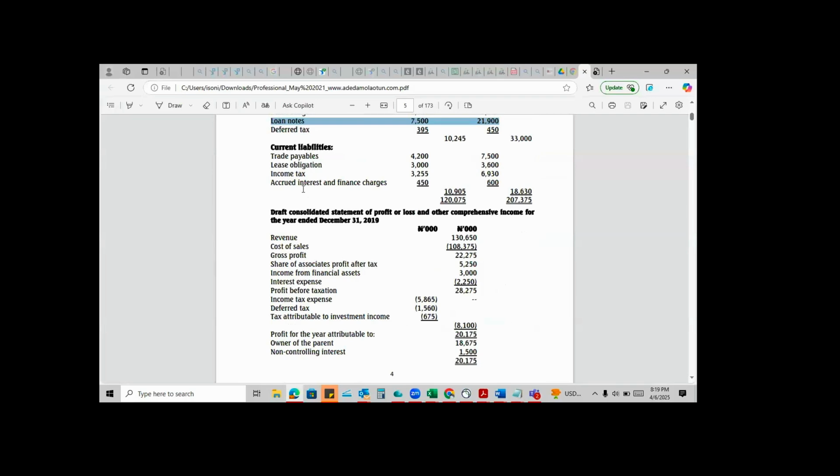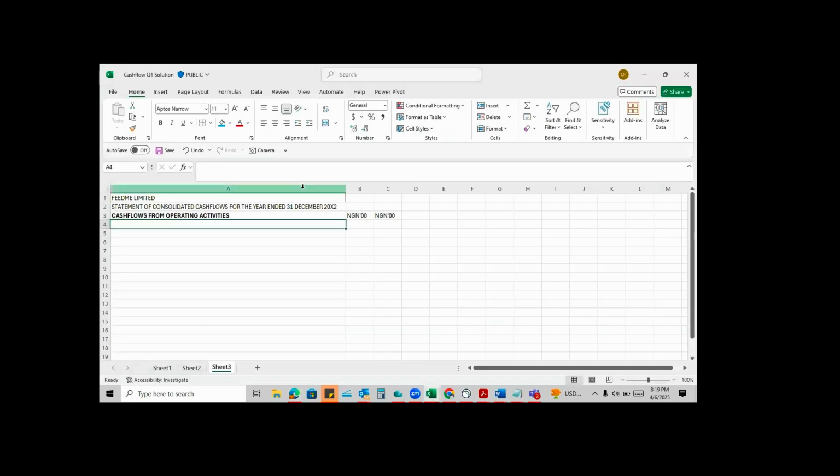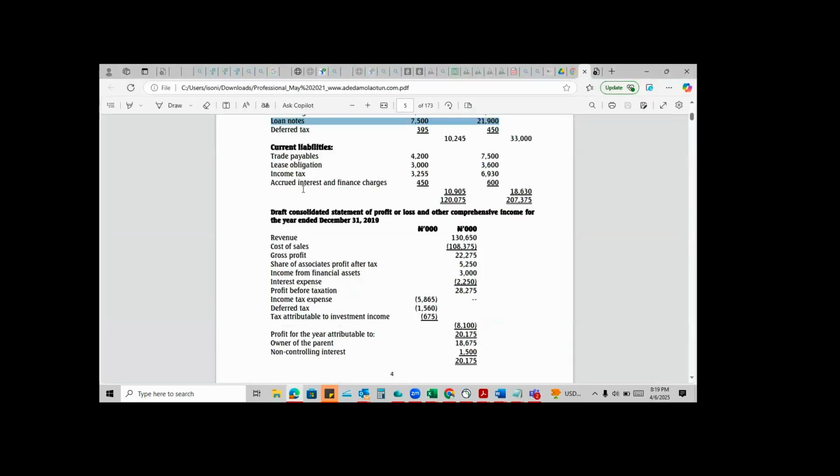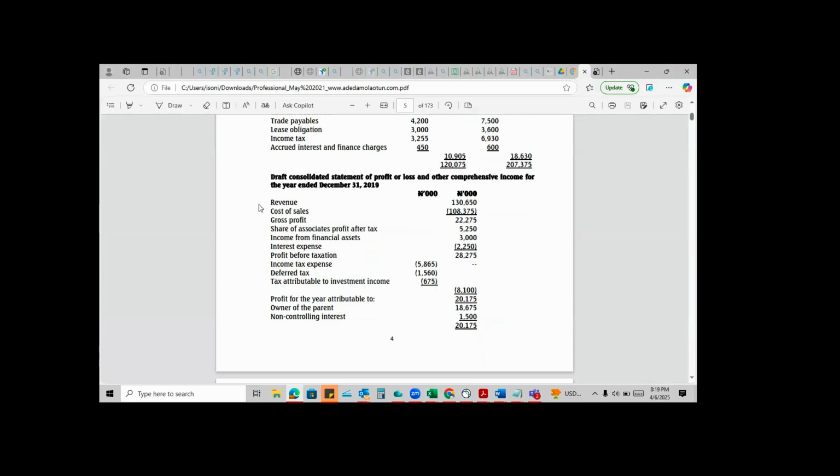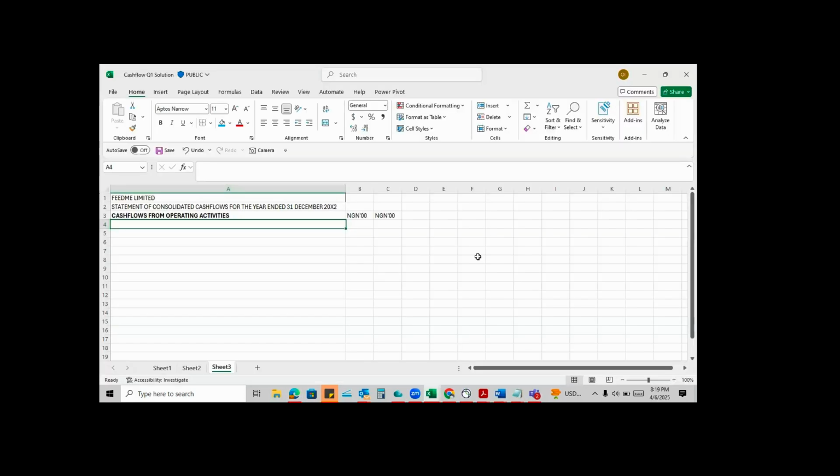When I switched like this to Excel, can you see my screen? Yes, sir. All right, good. So our profit before tax is 28,275. Is that correct? Yes.